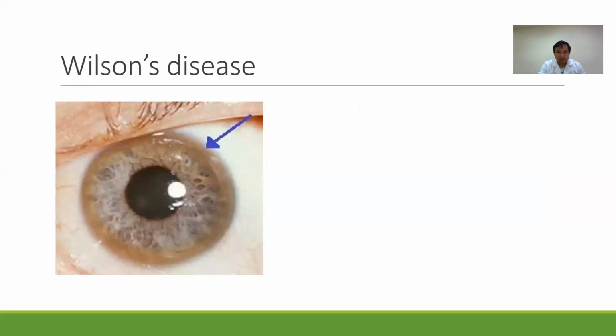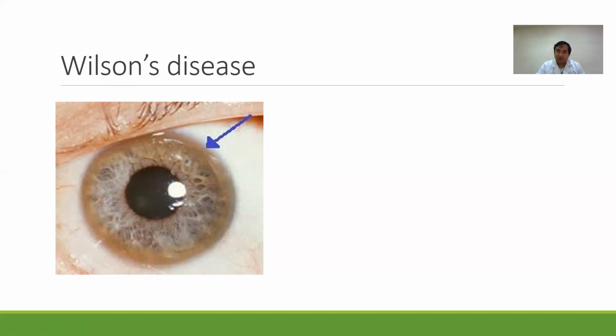Do you know what this is? Okay, so this is another rare cause of cirrhosis. With the arrow, I am trying to show you some brownish colored ring. This is the KF ring, Kayser-Fleischer ring, and you will get this condition in a patient with Wilson's disease. And Wilson's disease is one of the important causes of cirrhosis that we often misdiagnose, or we often miss.